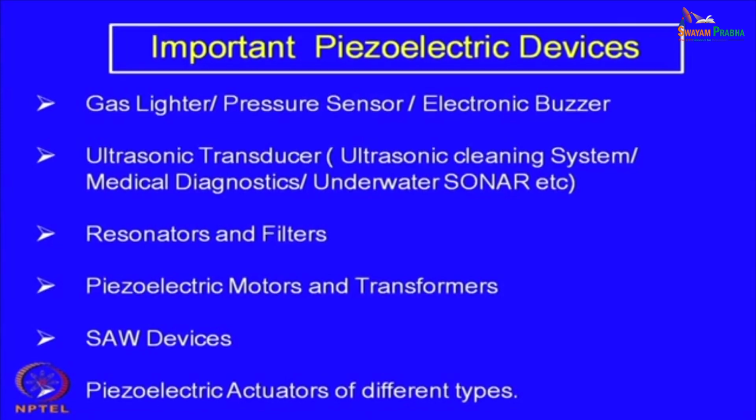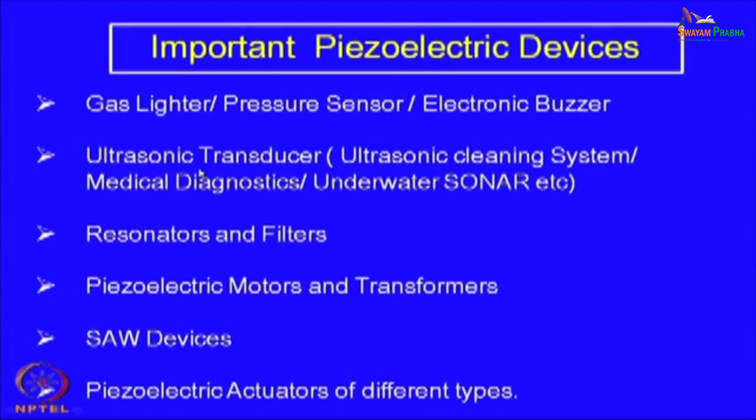So, you generate an ultrasonic wave, get it reflected from the enemy ships and then you detect it. By that process one can find out the detection of some obstacles in front of the navy ships or navy submarines.